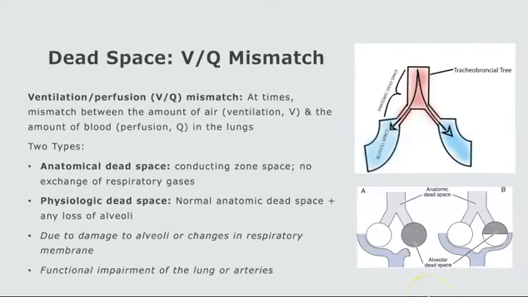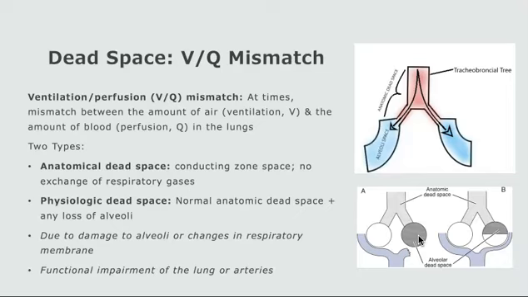So of course this damage to the alveoli could be due to some disorders that decrease the number of alveoli. This could be pneumonia due to that mucus or fluid building up within the alveoli. And we also talked about emphysema and how we decrease surface area of the alveoli.